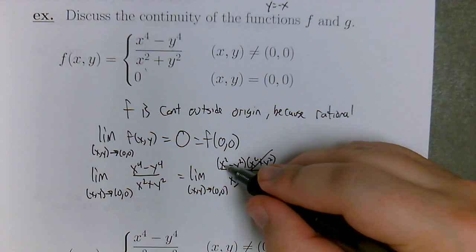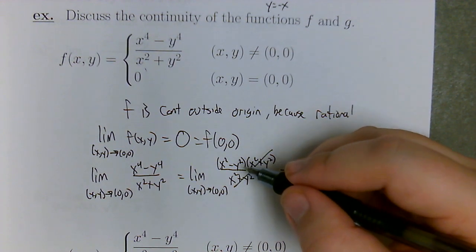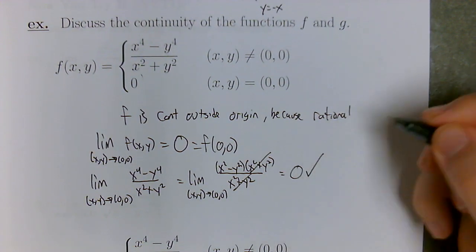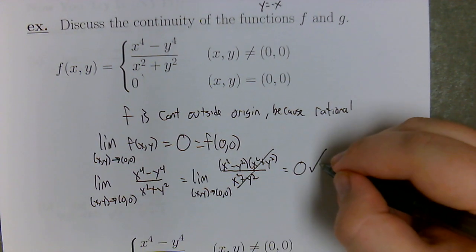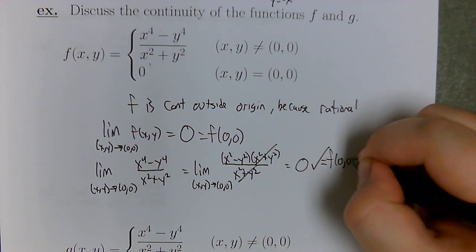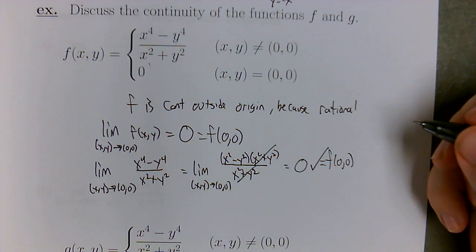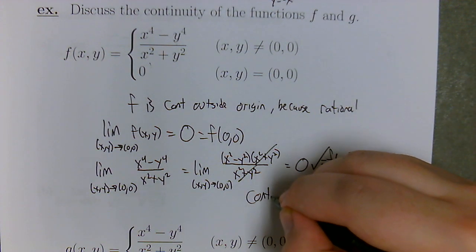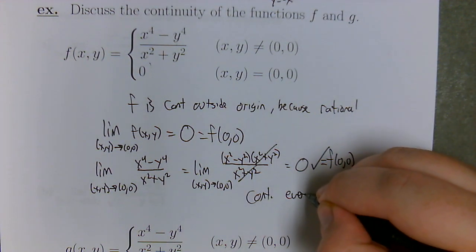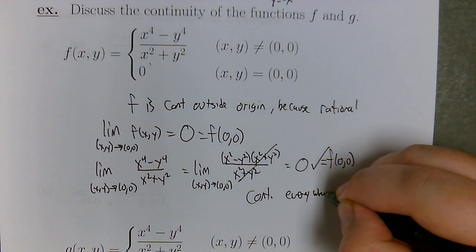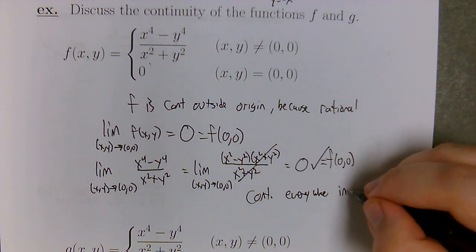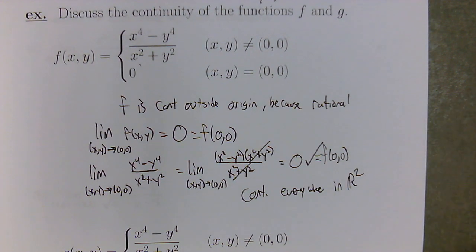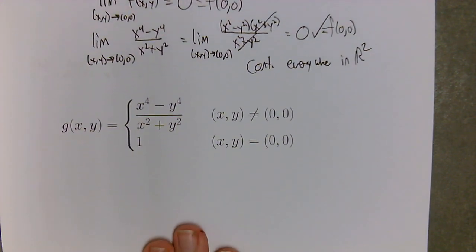And then now we just have this left over, but this is just a polynomial, and this ends up equaling 0. So since we agreed with the function value at the point we were approaching, that means that this is going to be continuous everywhere. Not just away from the origin, but also at the origin. So this is continuous everywhere in R2, or the xy plane.